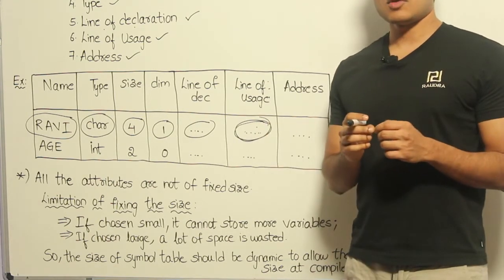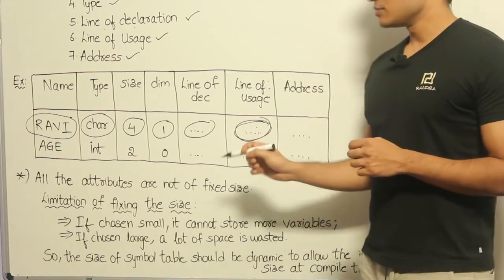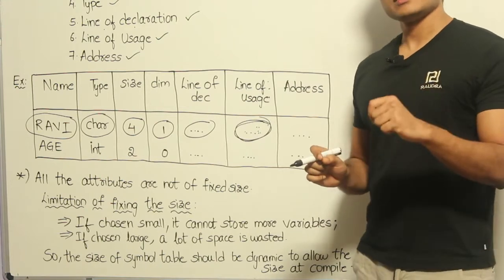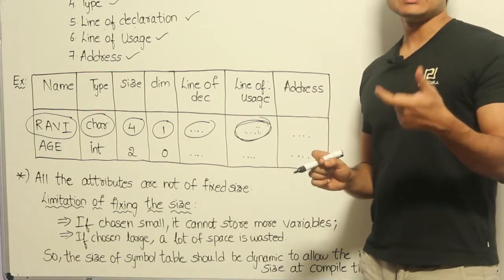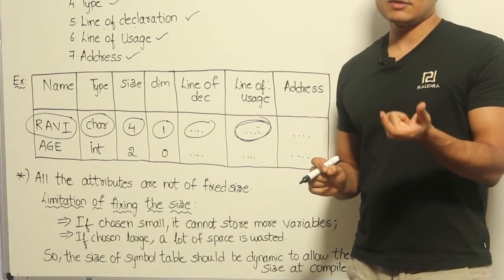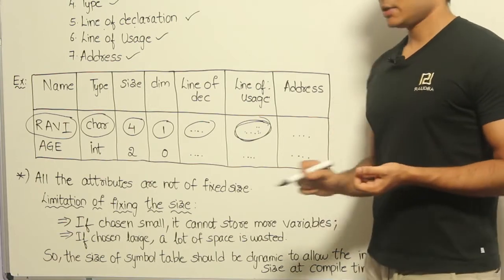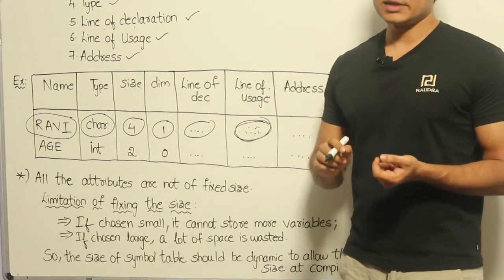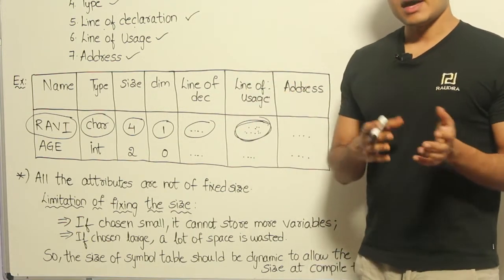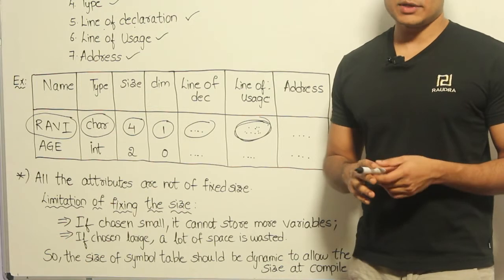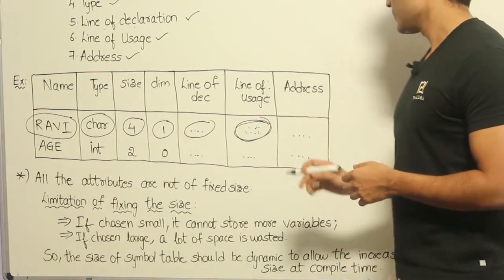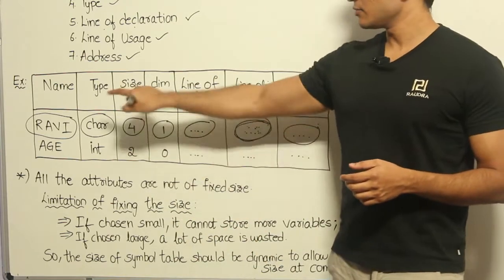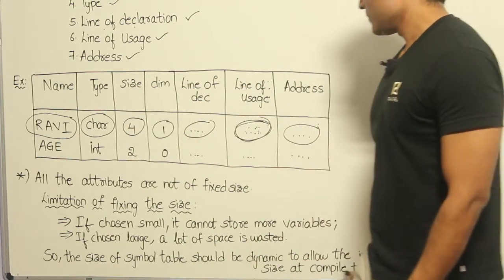Since we don't know how many times it is going to be used, it is better to maintain a linked list, and in each node you can save each line at which it has occurred. So you maintain a pointer here, and that pointer points to the linked list in case a variable is declared or used at more than one place. And address gives you the address at which this particular variable is stored.